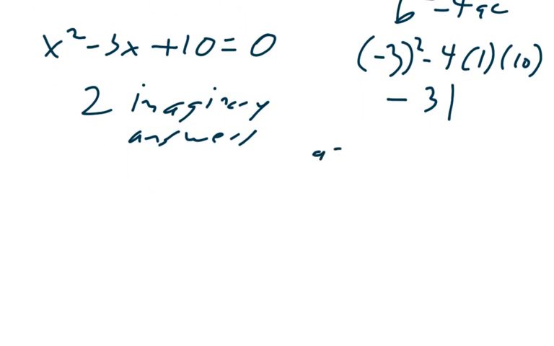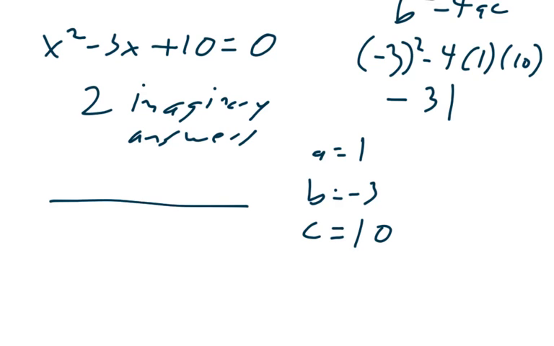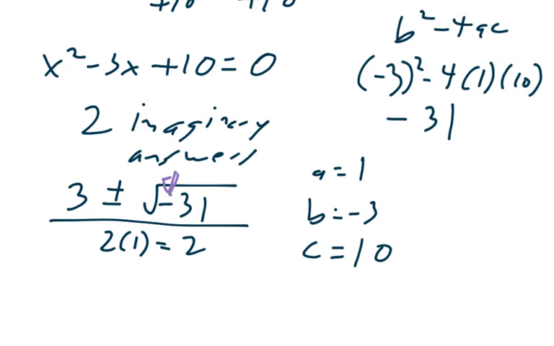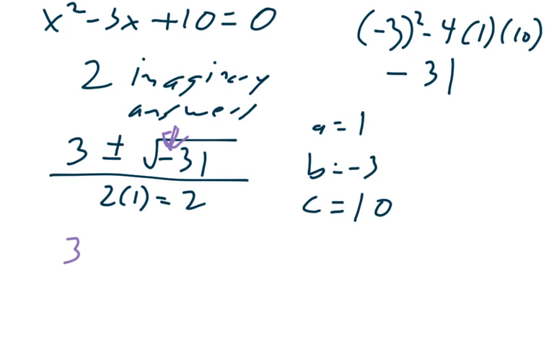So since a equals 1, b equals negative 3, c equals 10, we got positive 3 plus or minus the square root of negative 31 over 2 times 1, which is 2. Now, because we have this negative inside the square root, we're going to change this to be 3 plus or minus i square root of 31 over 2.